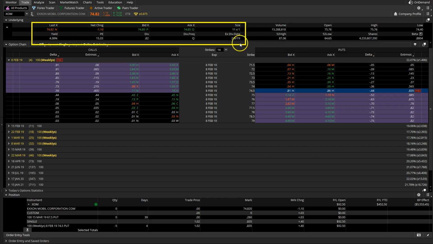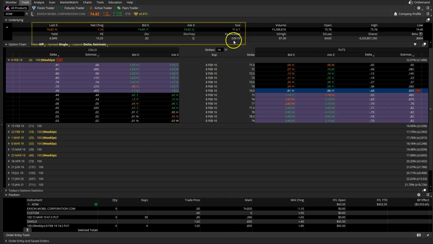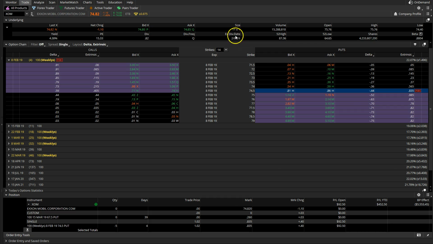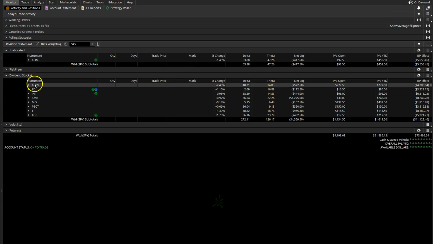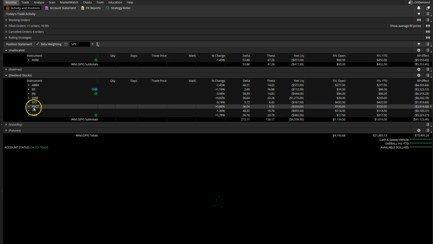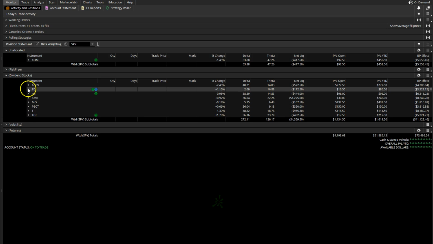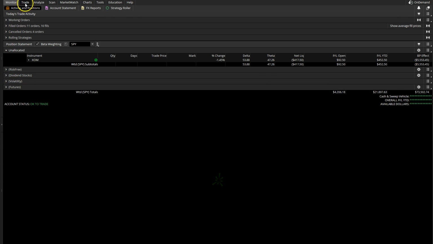So I need to have the assignment before the date, so that's why it wasn't efficient in this particular trade. However, I did make that same trade in other stocks. If we go back to some of the dividend stocks that I have, I did it on Target, on Johnson & Johnson, and Edison also made that same strategy.